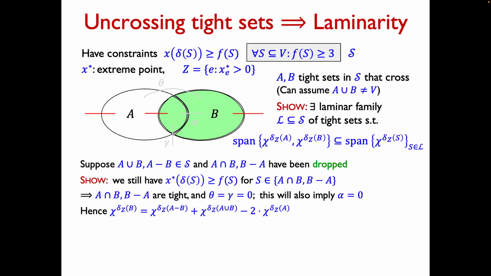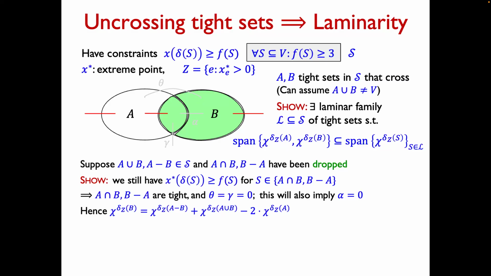So for your laminar family, you're trying to pick a subset of constraints and say these are tight and these form a laminar family. It's not the other way around. You don't have a set of constraints and just claim that. We want to show that we can pick a laminar family of tight constraints that span all the tight cut constraints.